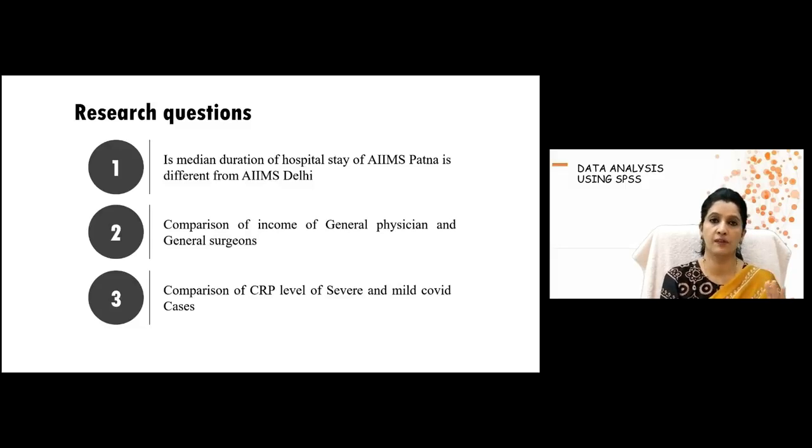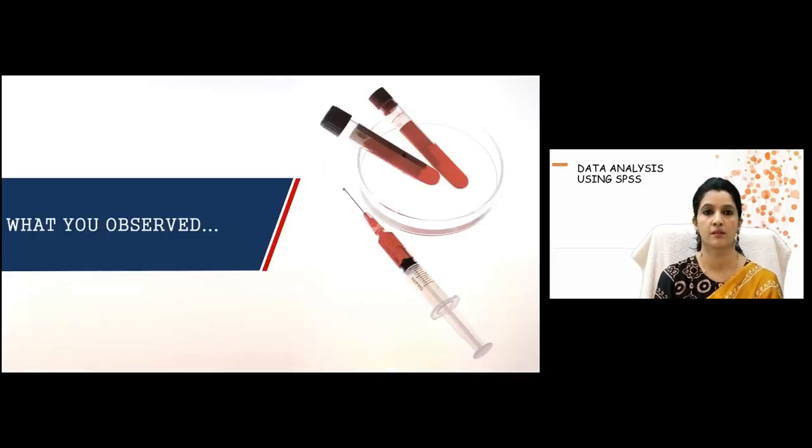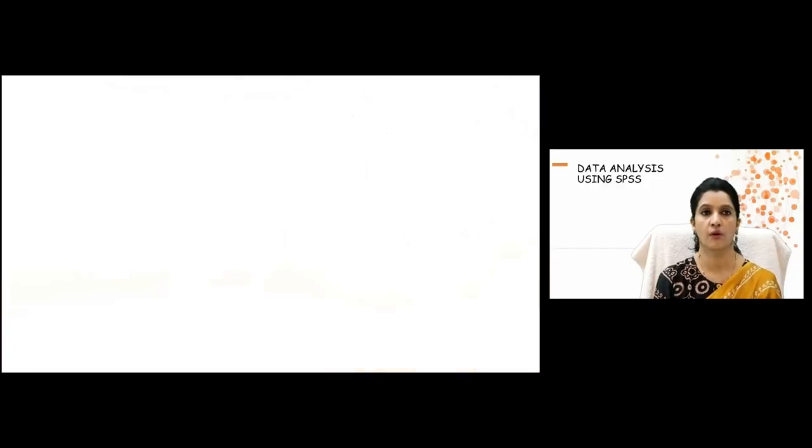You should always check objectively the normality and the concept of outliers. So here I know that the variable of interest doesn't follow normal distribution, so I have planned beforehand to compare the median, but I still need to check by seeing the distribution of the data.